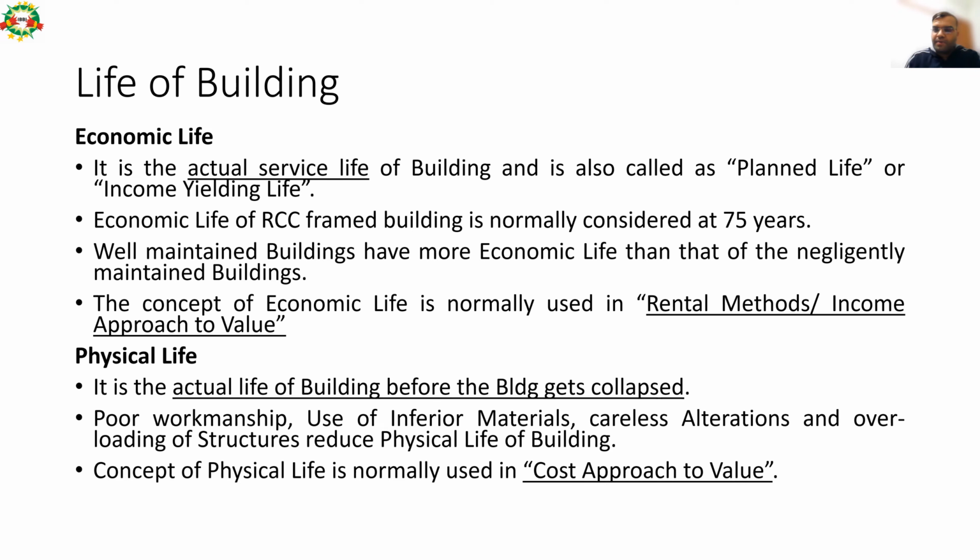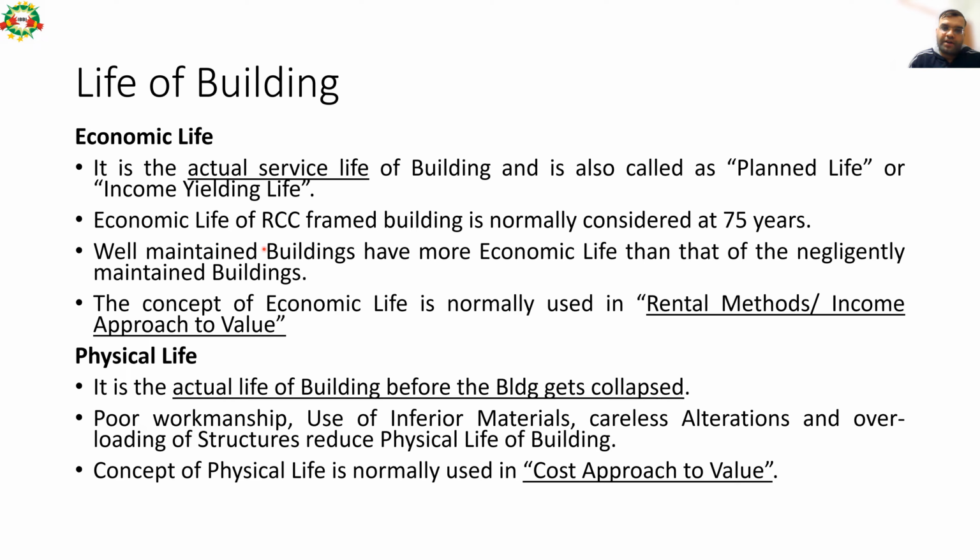So the next topic as per the IBBI syllabus is what are the different types of lives a building can have. So there could be 4 types of life. Number 1, economic life. It is the actual serviceable life of the building, and is also called planned life or income yielding life. So the keywords are actual serviceable life, the period during which the property is supposed to generate some income, is having some income yielding capacity.